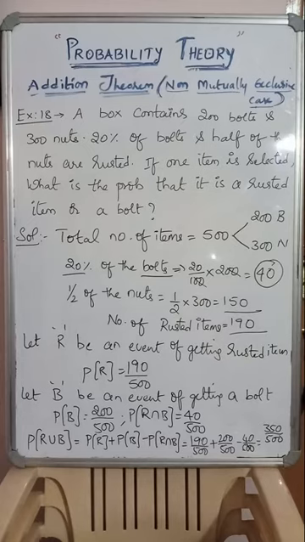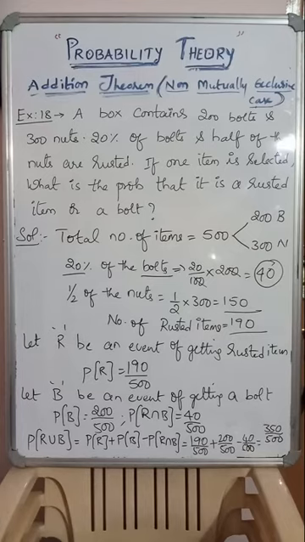Two conditions are given: 20% of the bolts and half of the nuts are rusted ones. Therefore 20% of the bolts, out of 200, is 40, and half of the nuts, out of 300, is 150. So 150 plus 40, the total number of rusted items is 190.